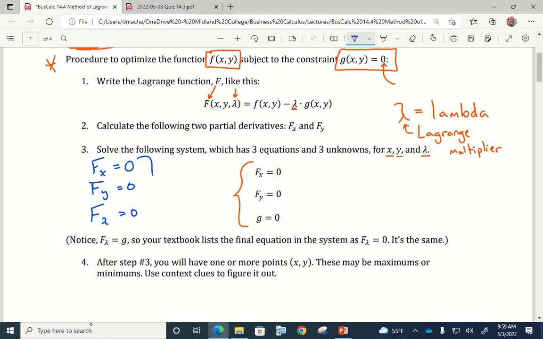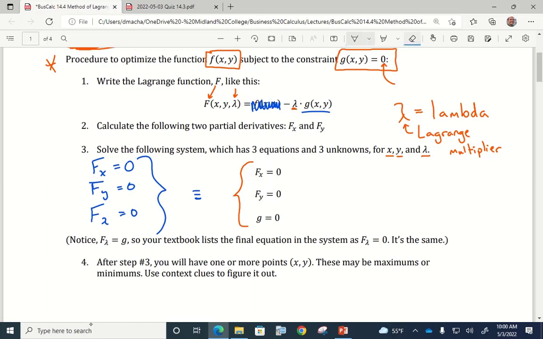These mean exactly the same thing because if I took this Lagrange function and took the partial derivative with respect to lambda, well, my f of x, y function goes away because there's no lambdas there. And I pretend that x and y are constant. And then again, pretending that x and y are constant means this whole g function is a constant. So taking the derivative of lambda just makes it 1. And I end up just setting g of x, y equal to 0.